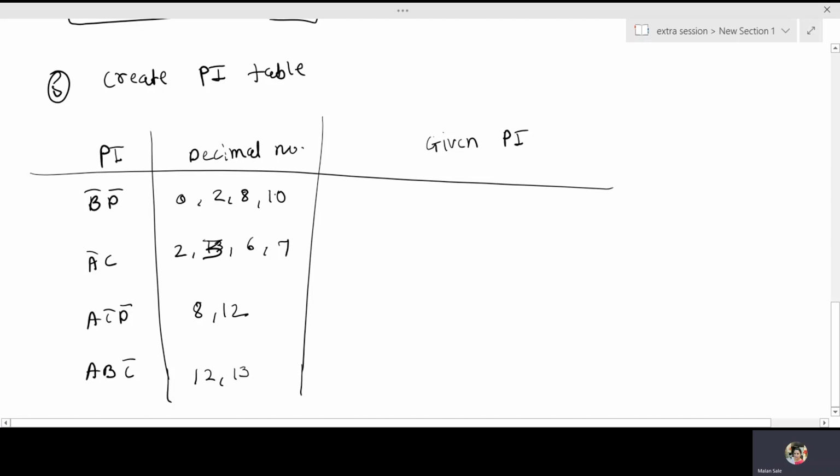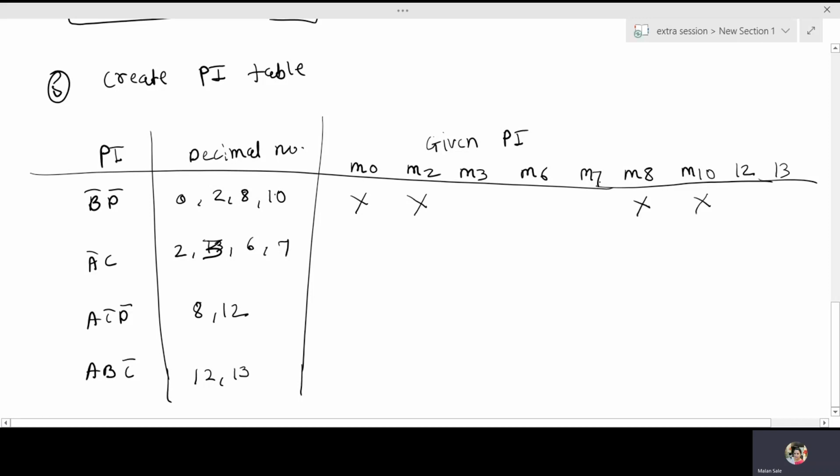Now take the given minterms M0, M2, M3, M6, M7, M8, M10, M12 and M13, and put cross marks: 0, 2, 8 and 10 for the first.